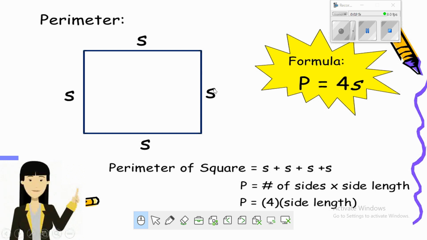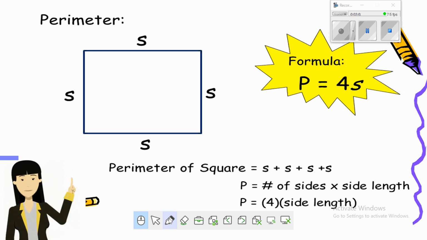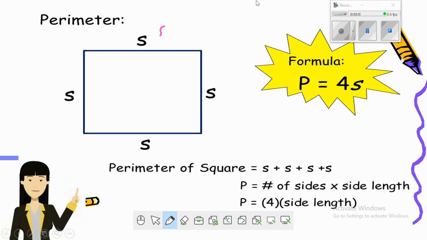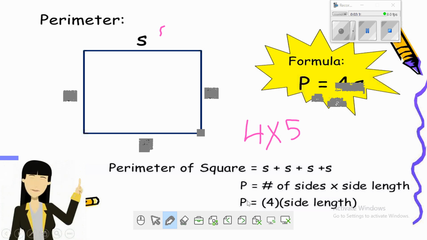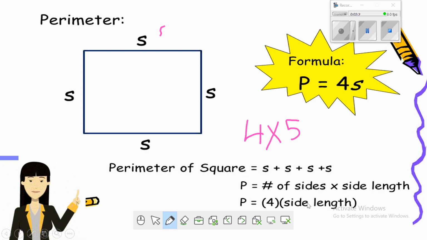If this is 3, the perimeter of the square is 4 multiplied by 3. Or if this is, for example, 5, the perimeter of the square is 4 multiplied by 5.